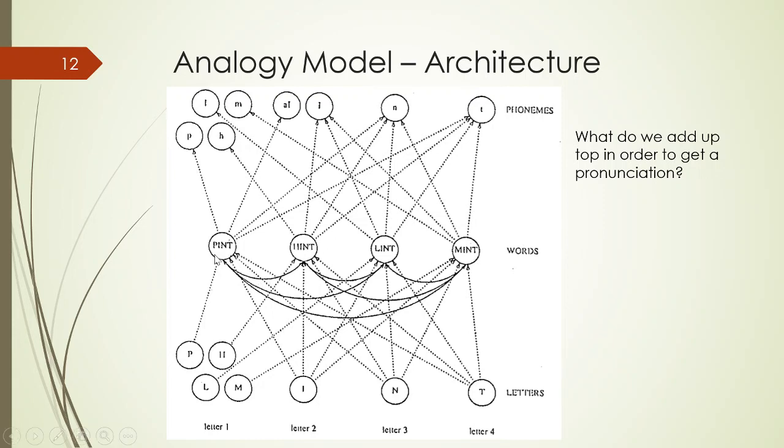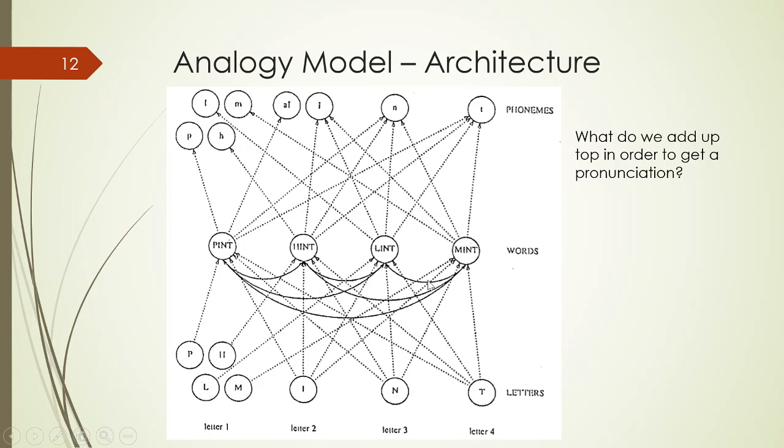So for pint, we have the phonemes p, I, n, and t, right? Pint. For hint, that H isn't going to read very well on this microphone. Let's say for lint, we have the phonemes l, I, n, and t.